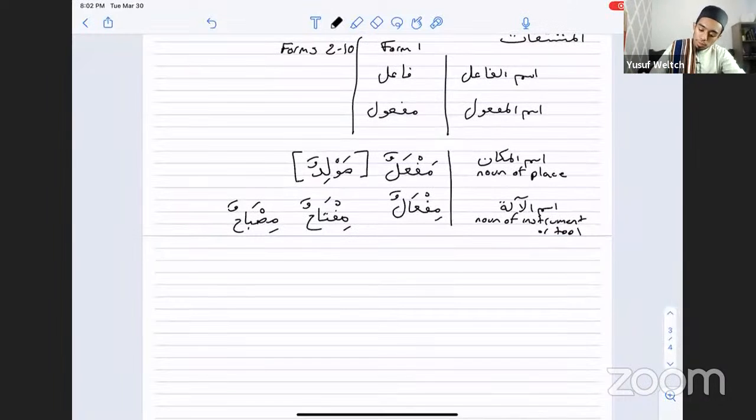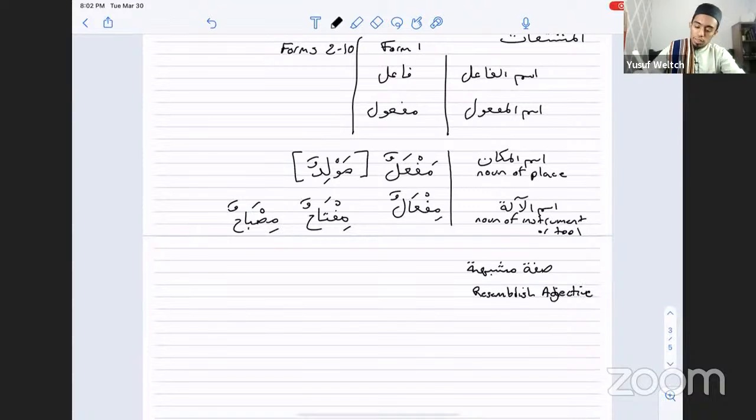We talked a little bit about sifatun mushabbaha, but not much. Sifatun mushabbaha is the resembling adjective, and this portrays a quality that is lasting, that is not just temporary. For instance, with ism al-fa'il, the action that's inherent in the word is only meant to be temporary.